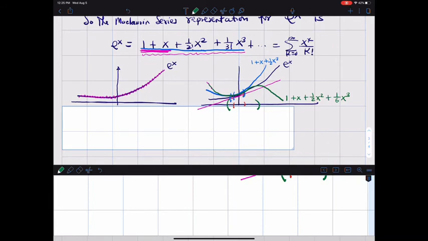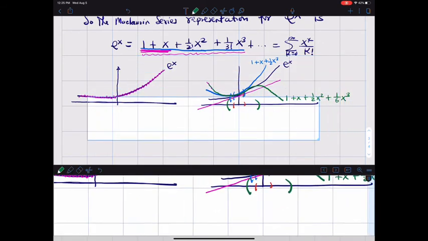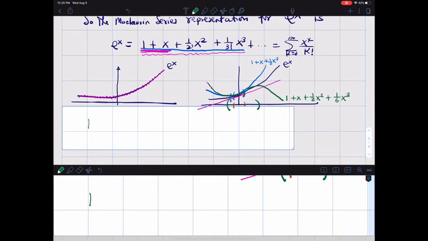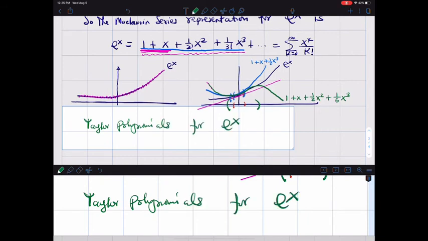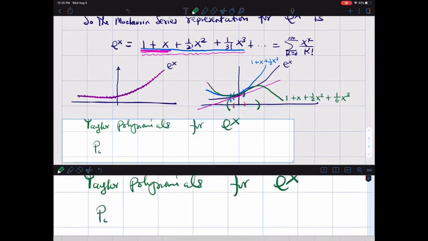We call these Taylor polynomials. So our Taylor polynomials for e to the x: the first one, p0 of x, would just be 1.